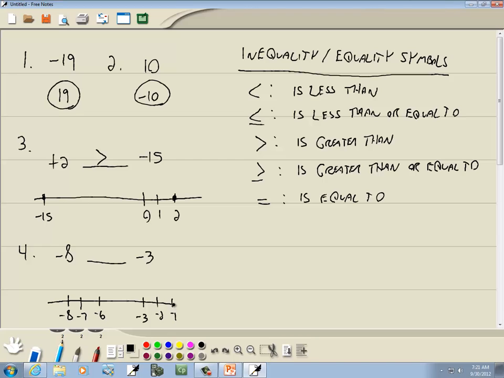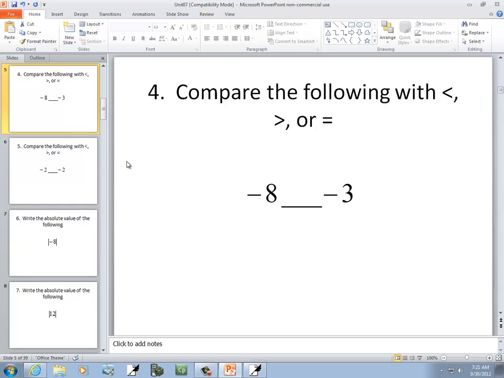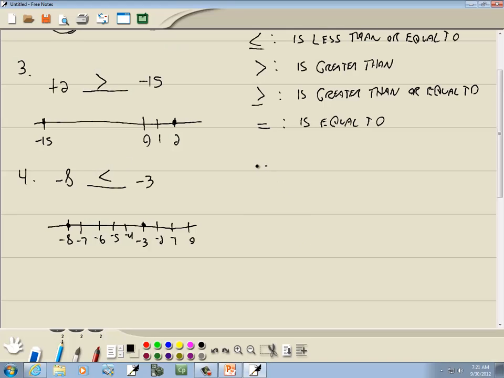Negative 2, negative 1, 0. So if I look at negative 8, it's right here. Negative 5, negative 4. Negative 3 is right here. So negative 3 is further to the right. So negative 8 is less than negative 3. And we got negative 2, blank, negative 2. Well, these are obviously equal. So that one would be equal.